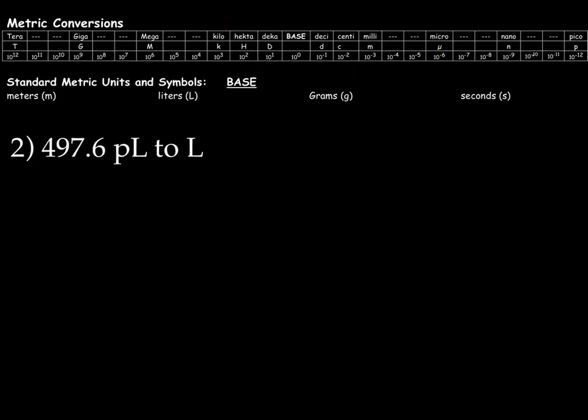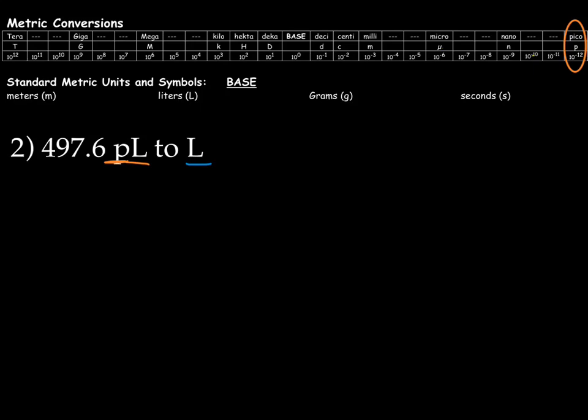All right, number 2, we need to convert from the prefix pico, or picoliters I suppose, to liters. So let's find those on the unit conversion table. The one we know is the pico. What about liters, the one we're looking for? I don't see a prefix there.